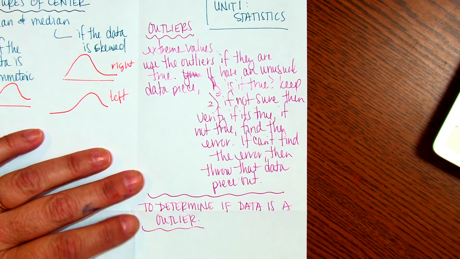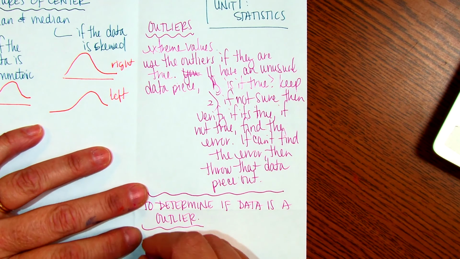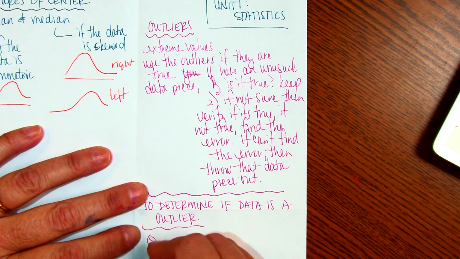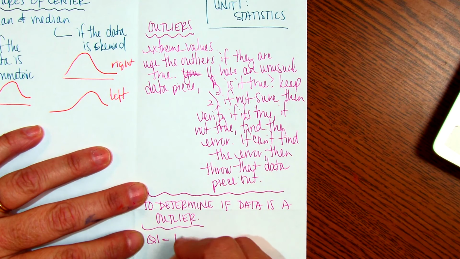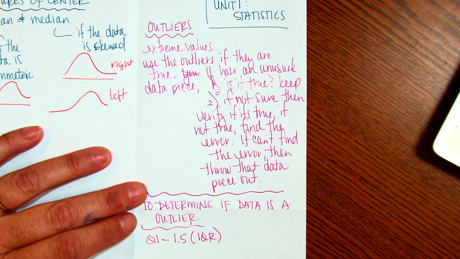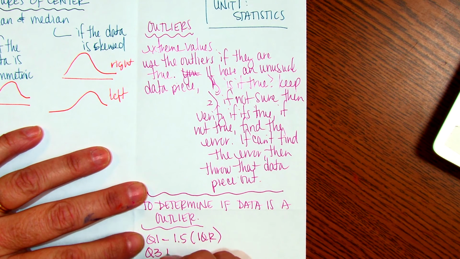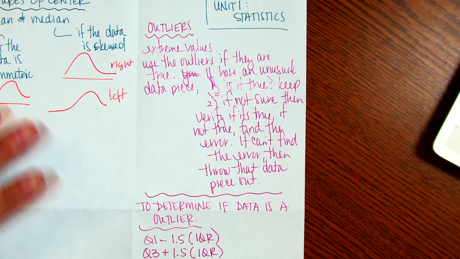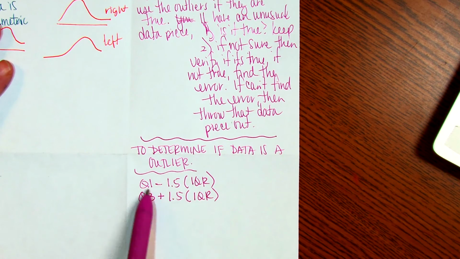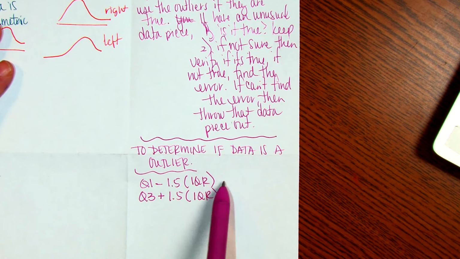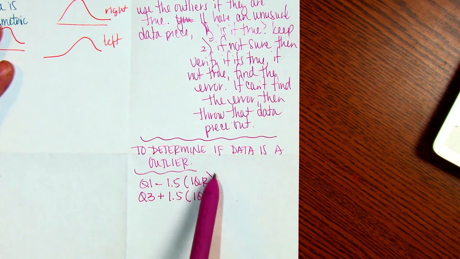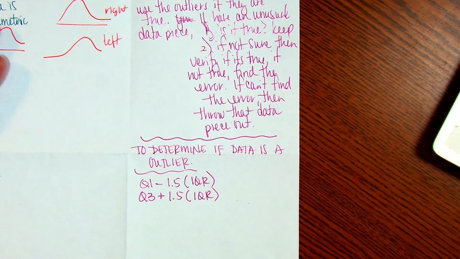And we had two ideas there: quartile 1 minus 1.5 times the IQR, and quartile 3 plus 1.5 times the IQR. So maybe if you're not sure what these mean, you're going to have to do another little descriptor of what those actually mean.